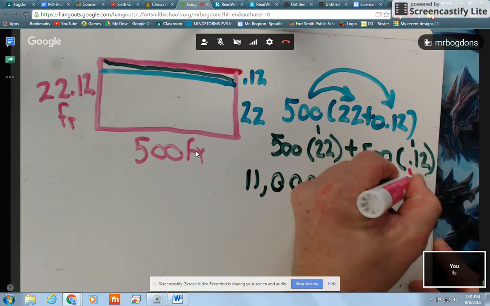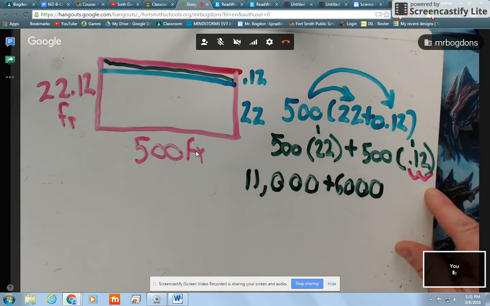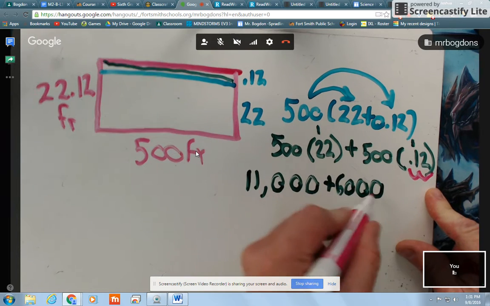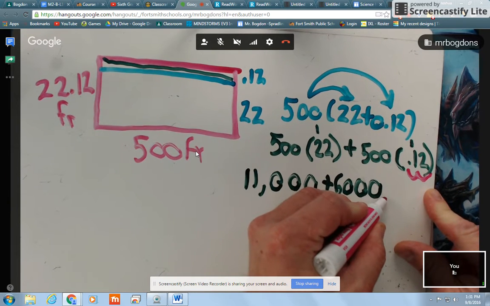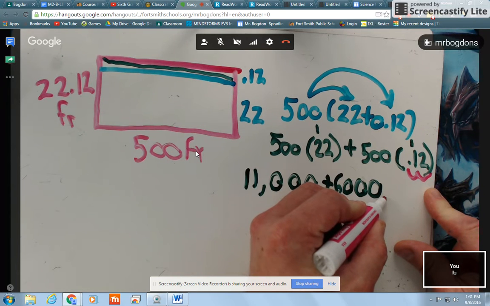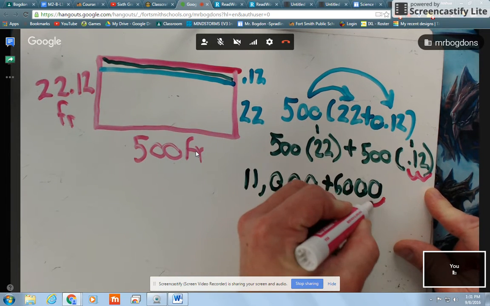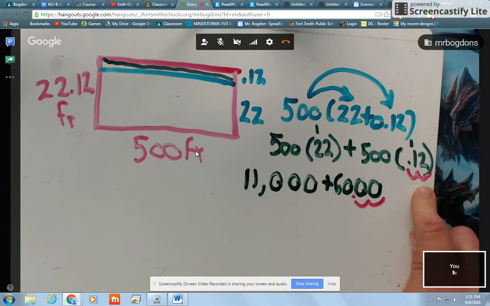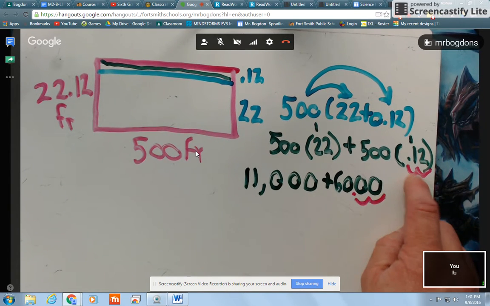So I'm going to count 1, 2 places, and then I found my partial product. Now I'm going to bounce it back in. How many times? 2. Why? Because I bounced it out 2 times. 1, 2. And really all that's going on is what I actually have, 12 hundredths, is 100 times smaller than 12.